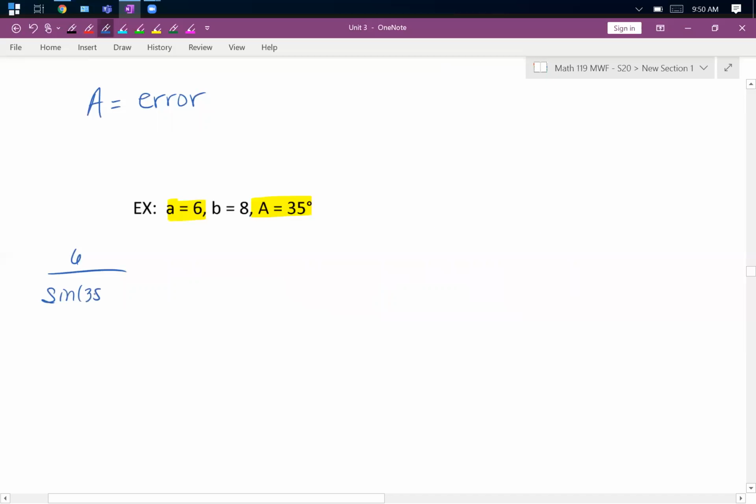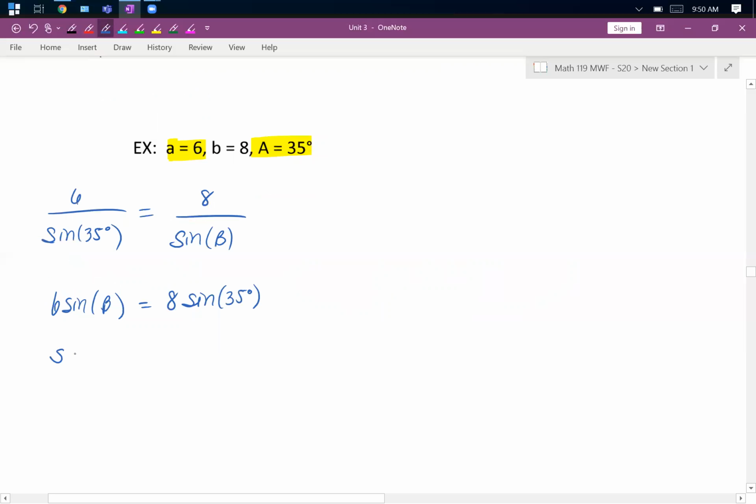6 over sine of 35 degrees equals 8 over sine of B. Cross multiply to solve. Divide by 6.